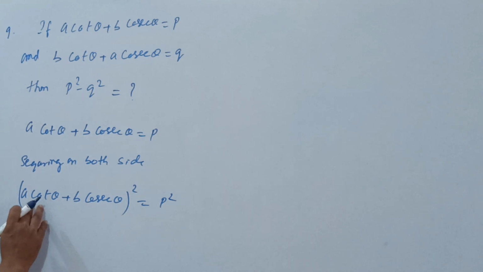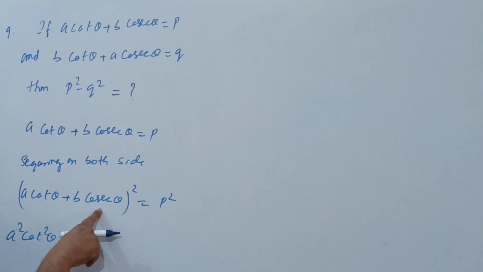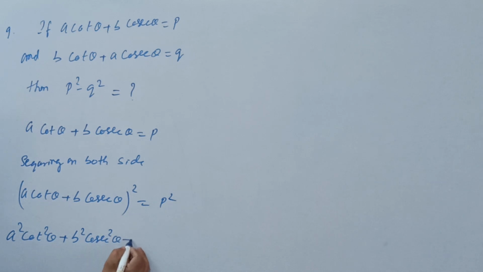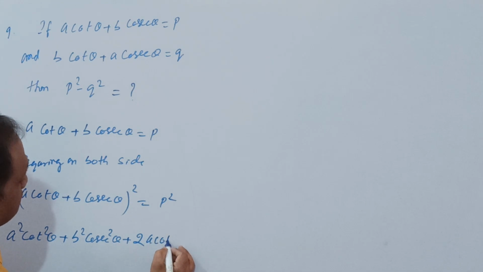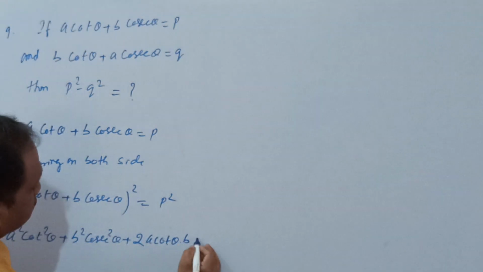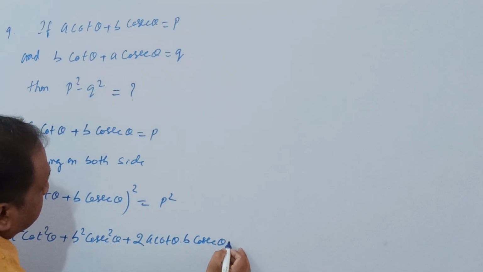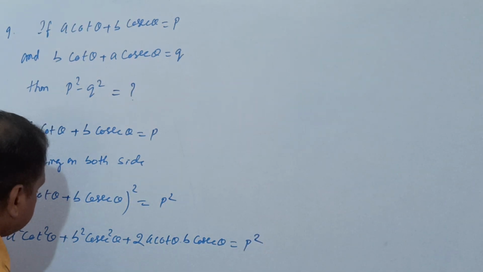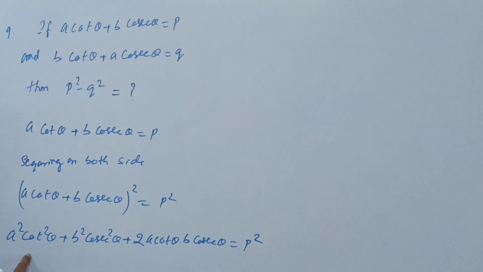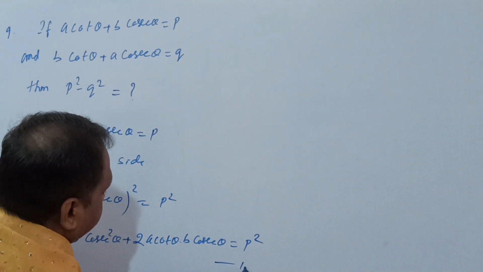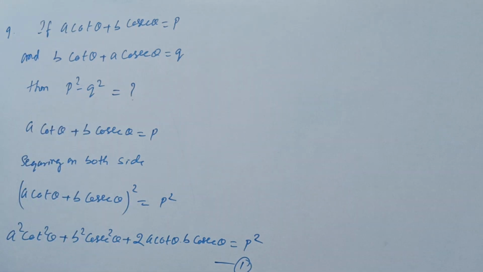So it becomes a square cot square theta plus b square cosec square theta plus 2 into a cot theta into b cosec theta is equal to p square. We will name this equation number 1.